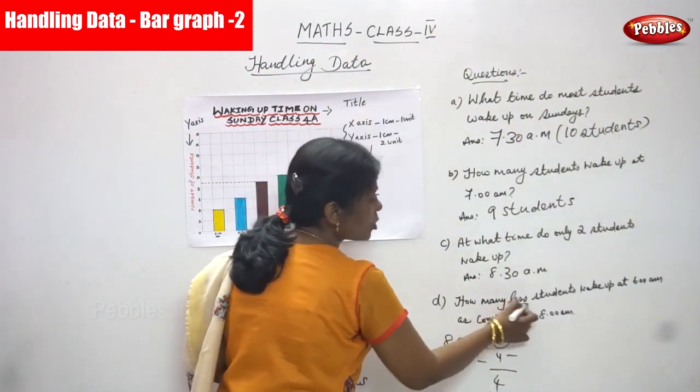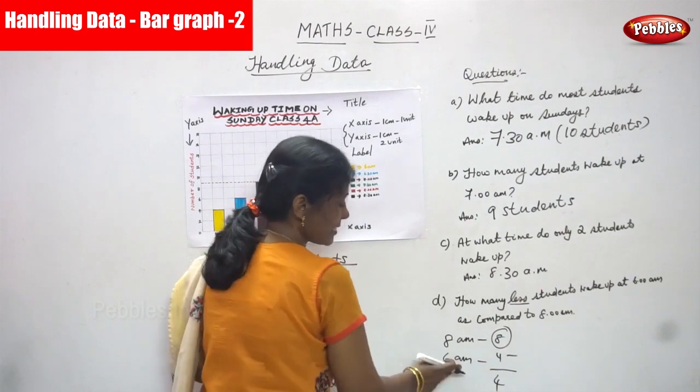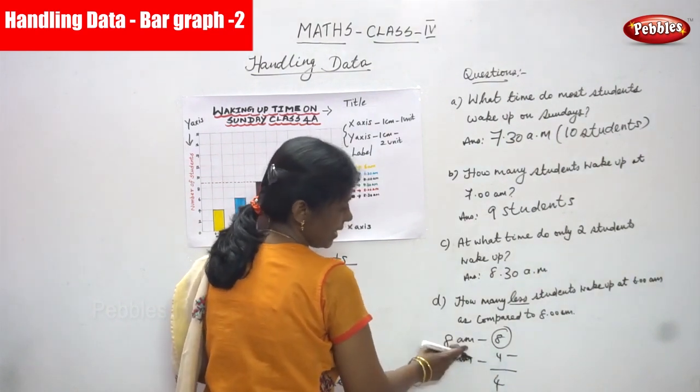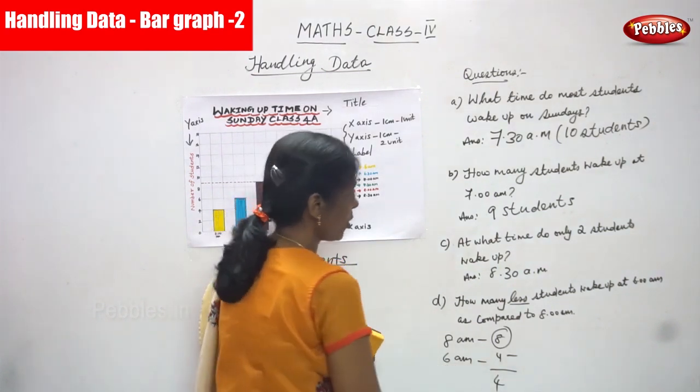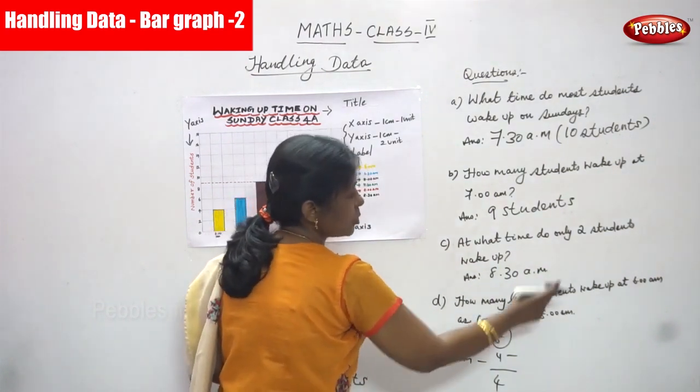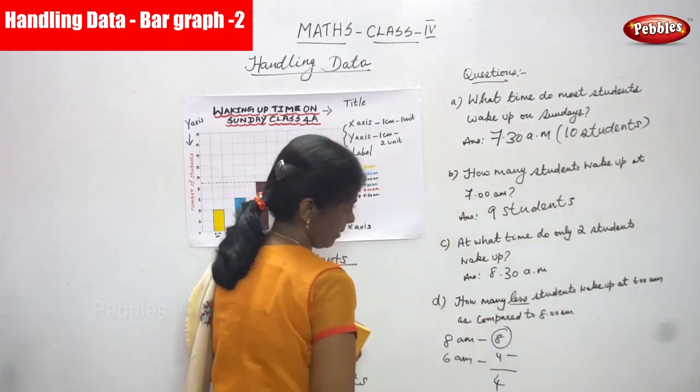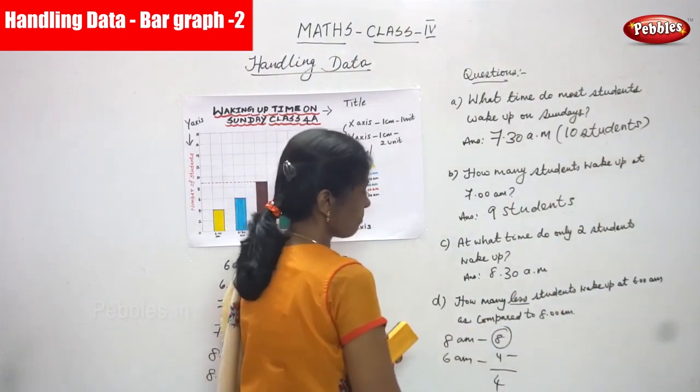So how many fewer students, that is what they are asking. At 6 a.m. only 4 students, at 8 a.m. 8 students. That means at 6 a.m. 4 students are fewer. That is what they asked you: how many fewer students wake up at 6 a.m. as compared to 8 a.m. That means 4 students.